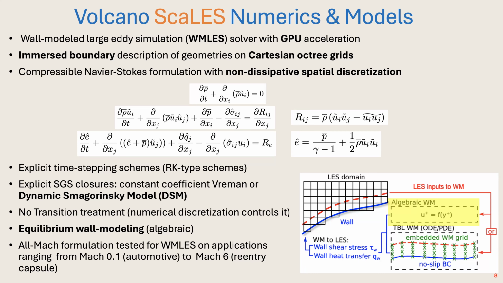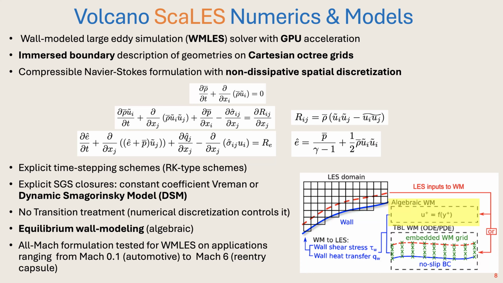we use immersed boundary description of the geometries on Cartesian octree grids, and we use a fully compressible Navier-Stokes formulation and non-dissipative spatial discretizations. Many of you might be familiar with this kind of methodology in wall model LES. In the high lift prediction workshop, almost everyone used similar wall model LES options, with explicit SGS closure.